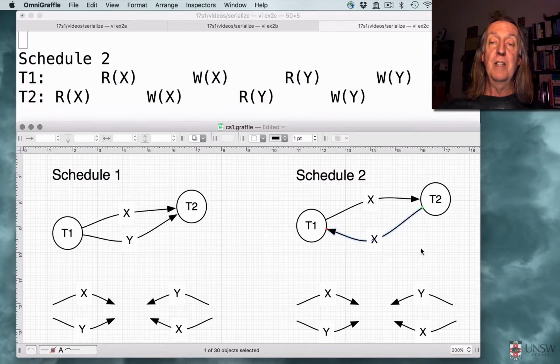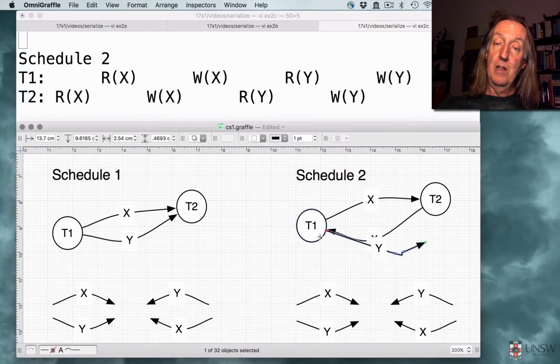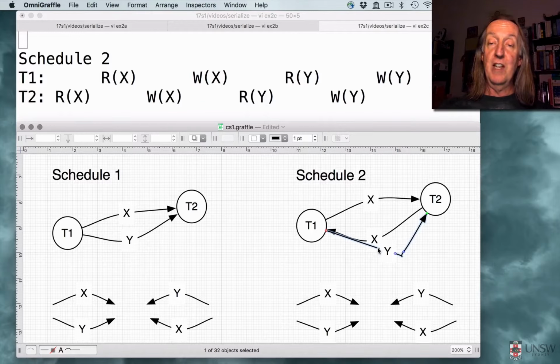Neither T1 then T2 nor T2 then T1. If I wanted to finish off the graph, I could also talk about the precedence here with the shared variable Y, and that would simply result in extra arcs in the graph. So for the sake of completeness, let's add that arc in, and this would give us an arc there. It's a bit of a strange looking arc, but nevertheless you get the point.